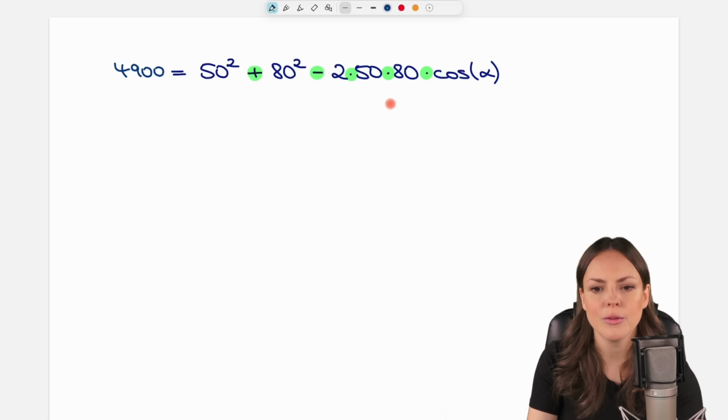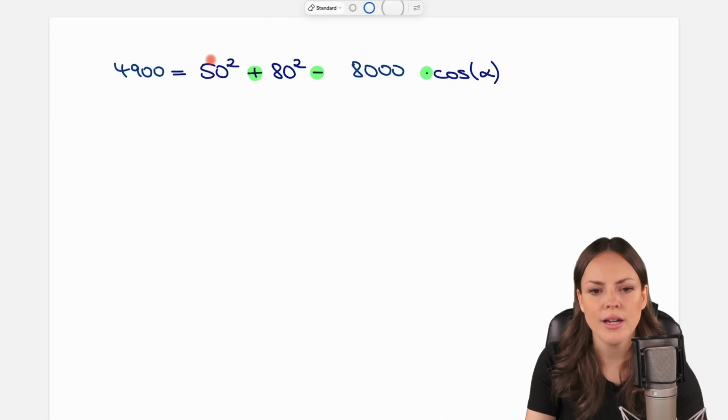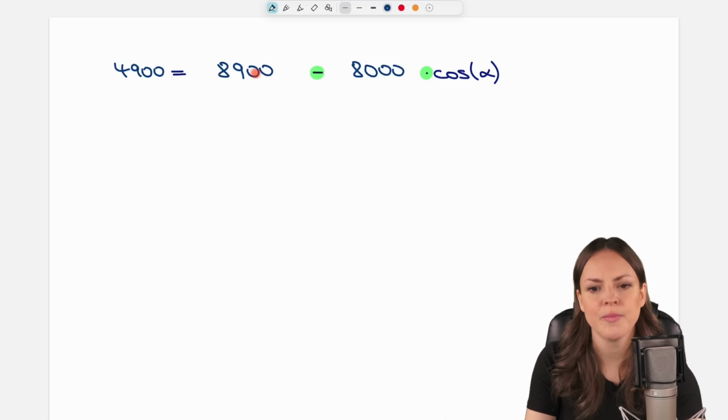So we have to start with the multiplications. 2 times 50 times 80 equals 8,000 here then. And then we can add these two here. If we just type it in, we get a result of 8,900.